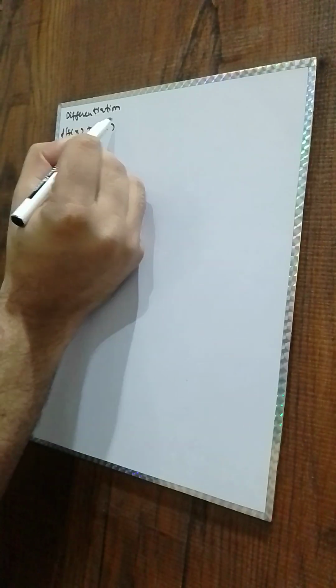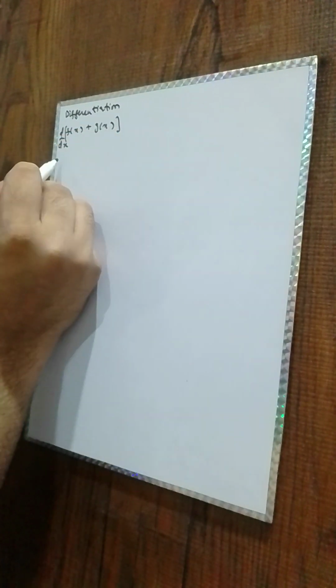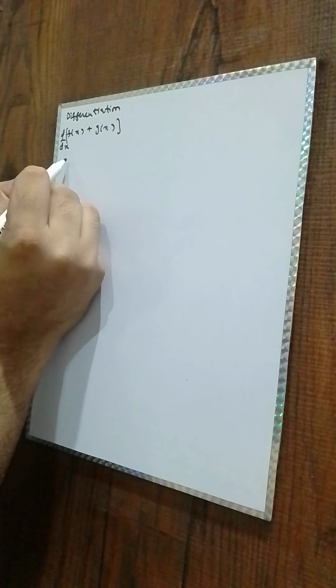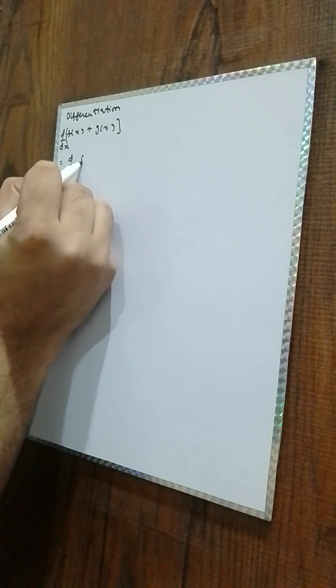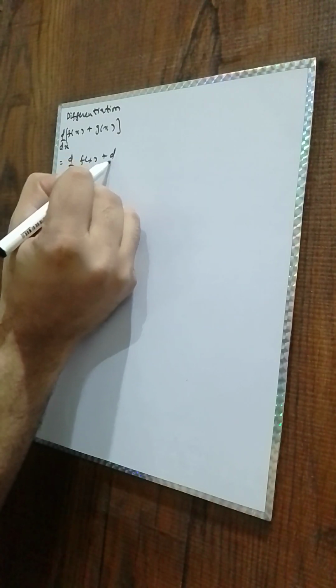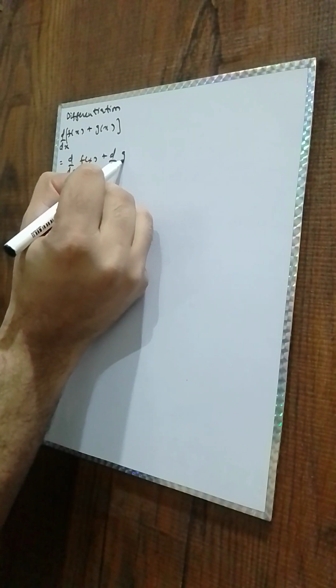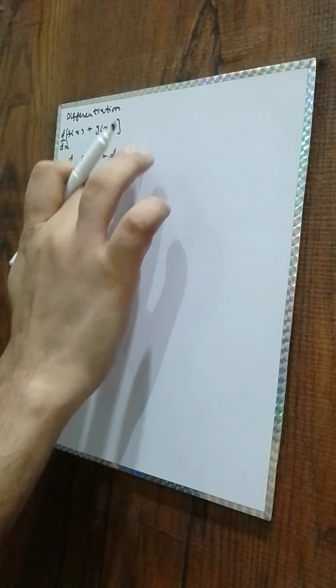The differentiation would be equal to d by dx of f of x plus d by dx of g of x.